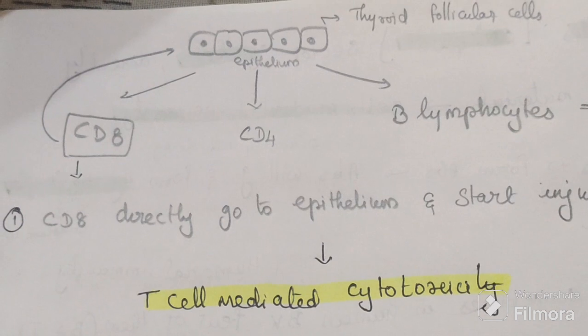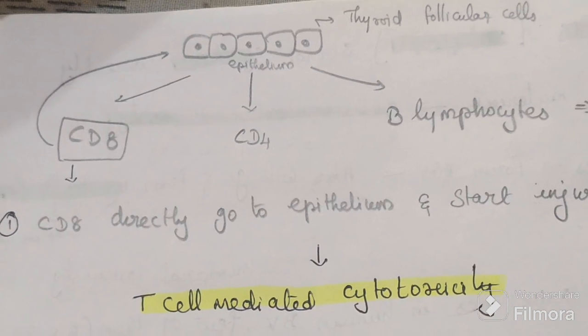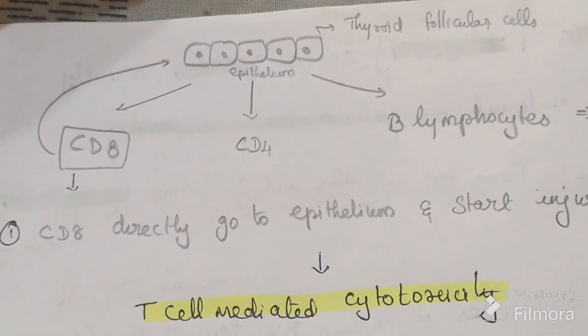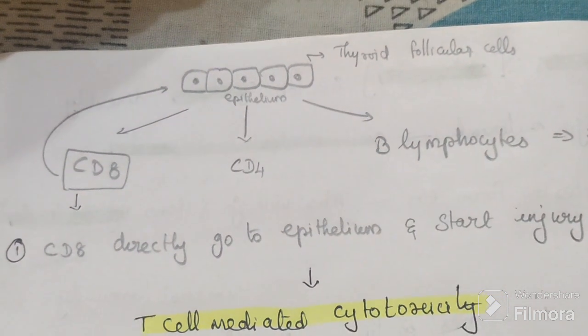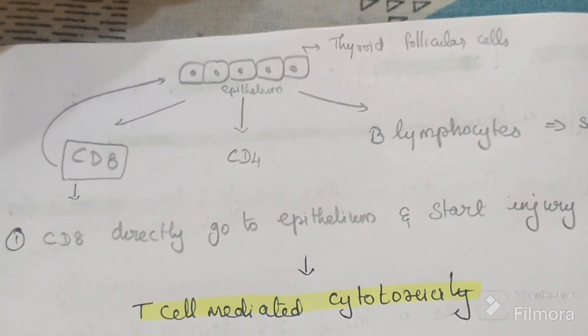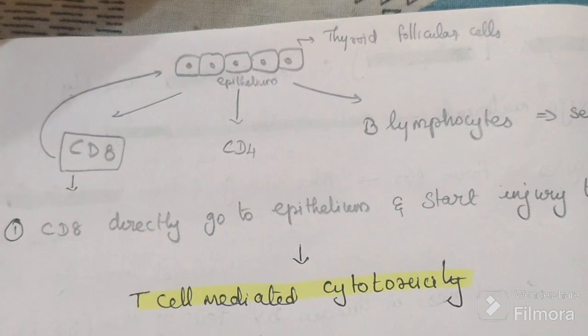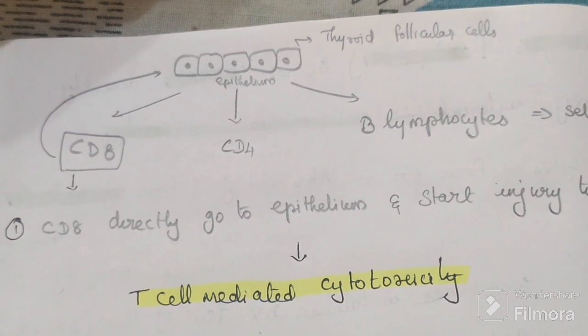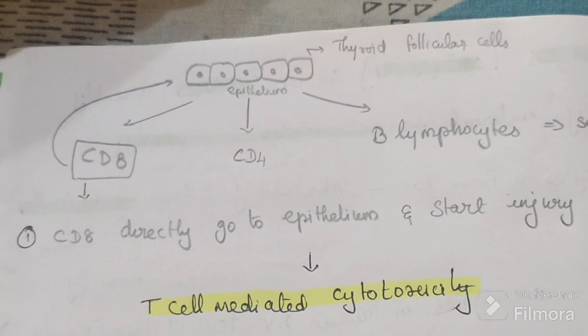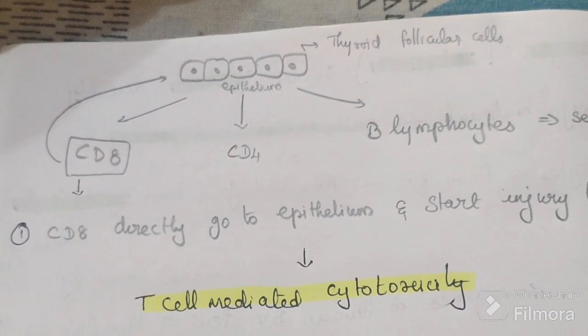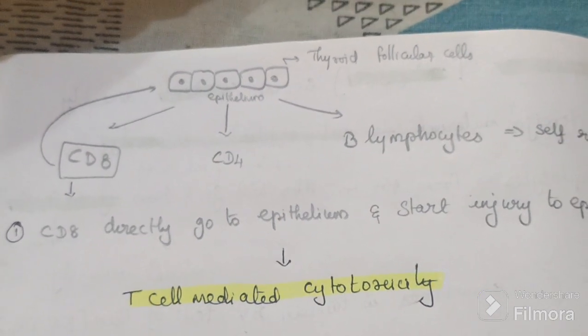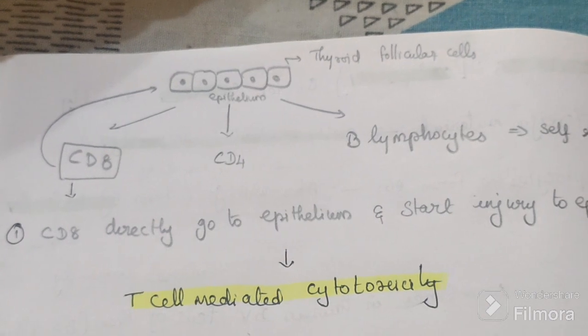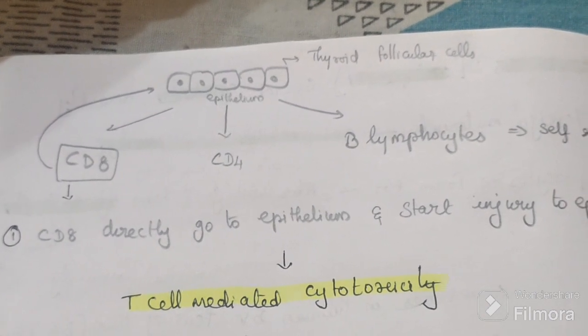But in some persons, this backup mechanism shuts down. It is not working. You can imagine what will happen in those individuals. The self-tolerance has broken down.